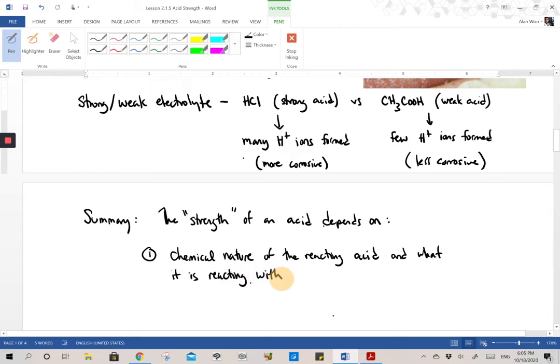Because you can have a very strong acid, and if it's placed with something that it doesn't react with, it's not very strong, or you won't get a very vigorous reaction.